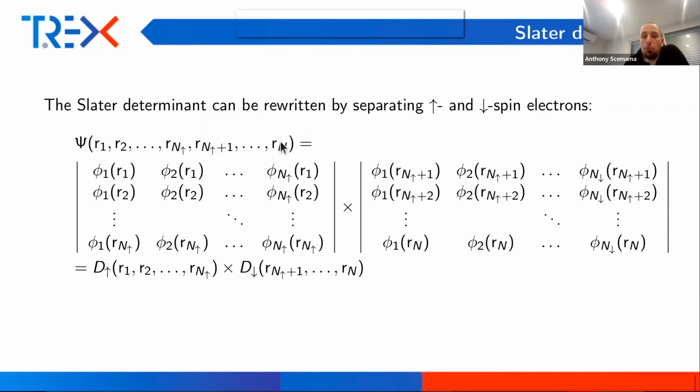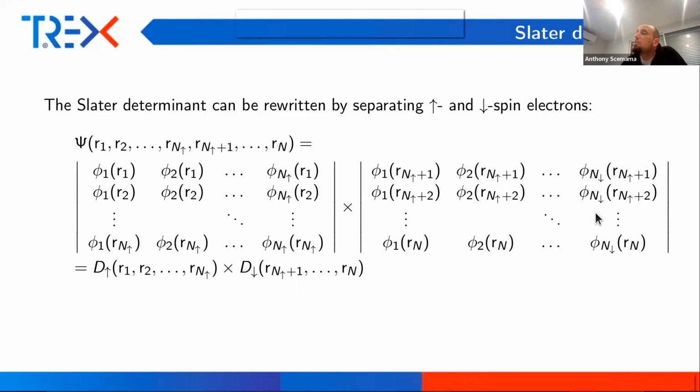So it's possible to re-express the Slater determinant in such a way that we can separate it as a product of an up-spin determinant and a down-spin determinant, where the up-spin electrons are all in orbitals 1, 2, up, and the down-spin determinant is in orbitals 1, 2, down.